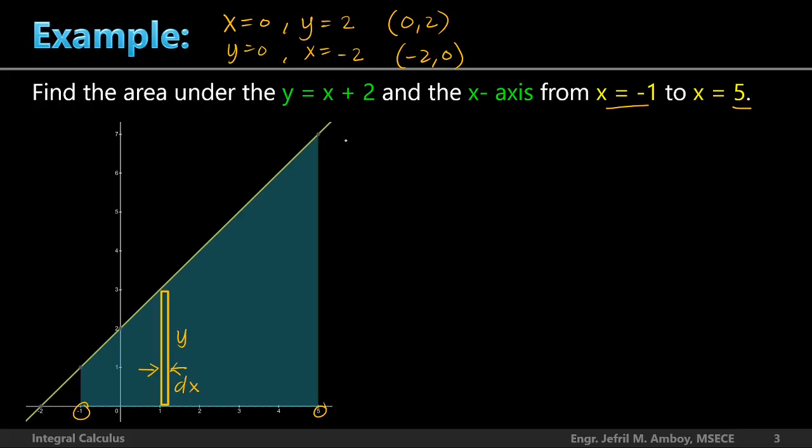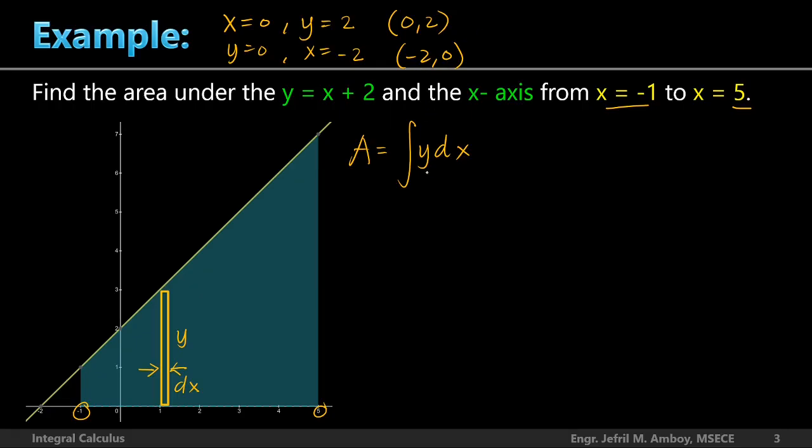Now, if you recall, the formula for finding the area under the graph of a function is just the integral of y times dx. And since the variable of integration is x, we need to express y as a function of x and indicate the lower and the upper limits.